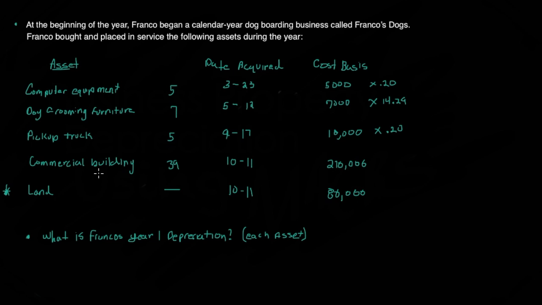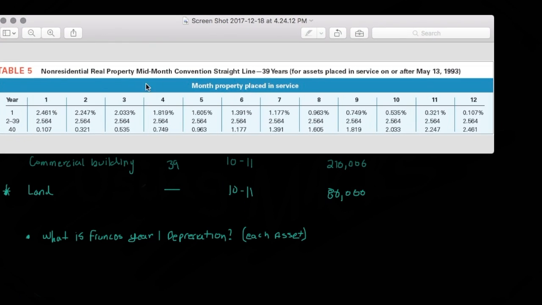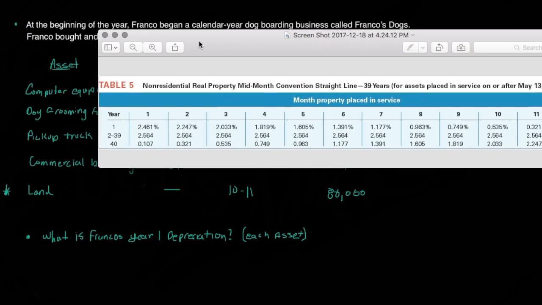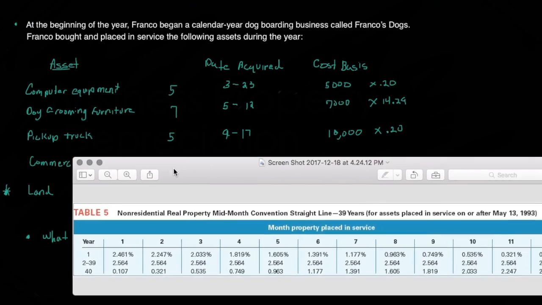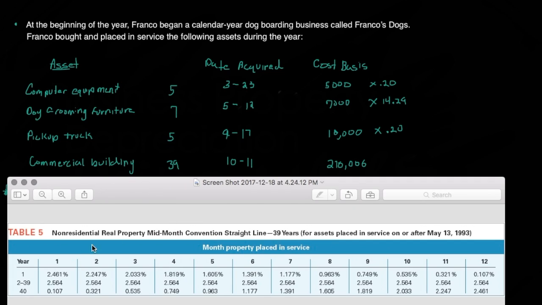And now for the commercial building, we will go over to that table I had first, the non-residential rental property mid-month convention straight line, 39 years. Year one, and I'll put it down here under the commercial building. So year one, we go over to the month the property was placed into service, which was month 10.